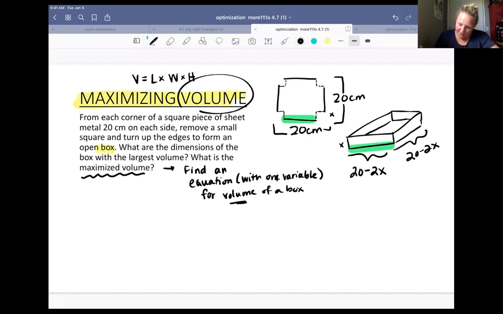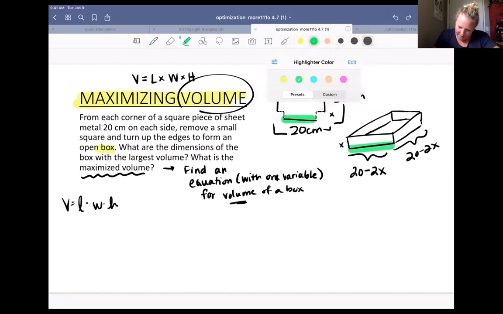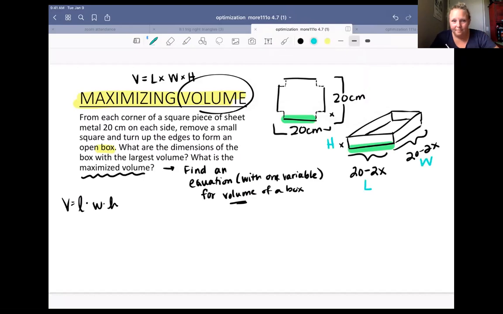So if we have length times width times height, that is what you're pulling. Oh, that's a pen. Let me do a highlighter. Like this 20 minus 2x, that's your length and your width, and the x is the height. But really, it's multiplication. The order is irrelevant.